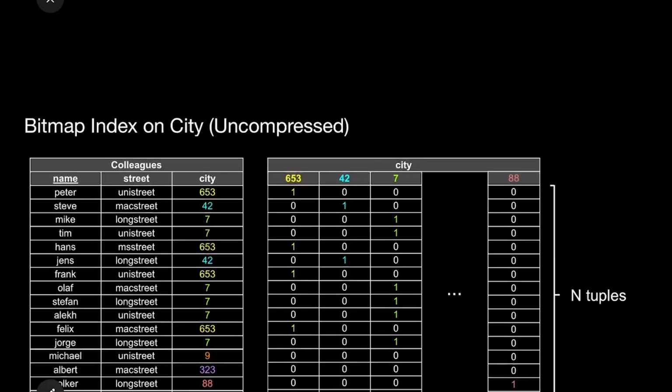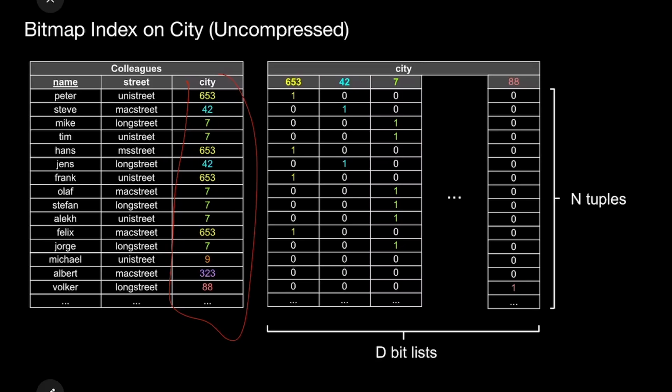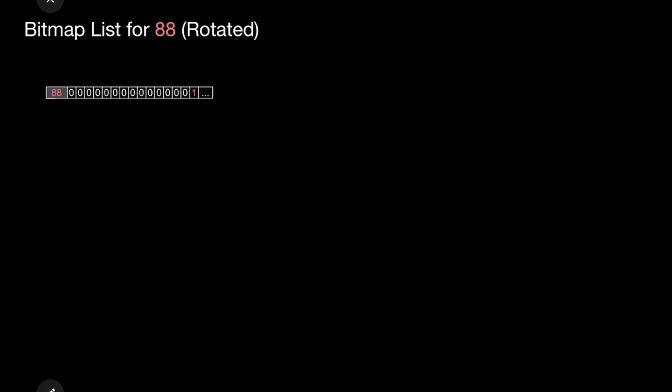This is already dictionary encoded, obviously, so we have integers that appear here. Those integers appear here in those columns. So I have these d-bit lists, aka sequences. And that is a bit sequence for the attribute value 88.